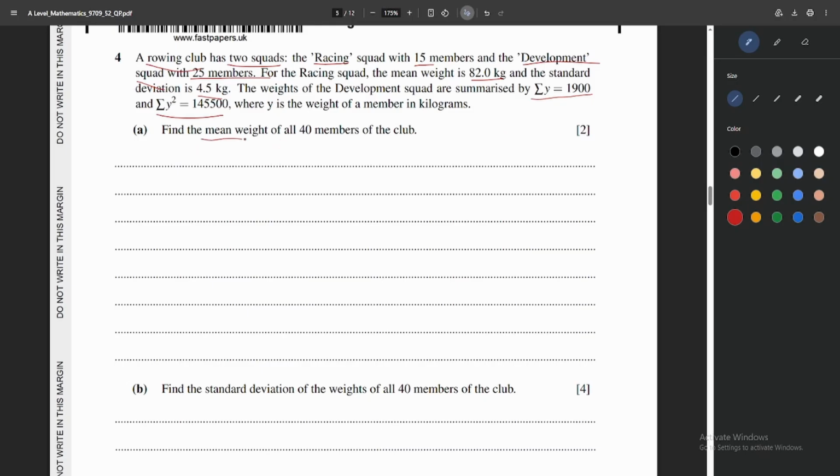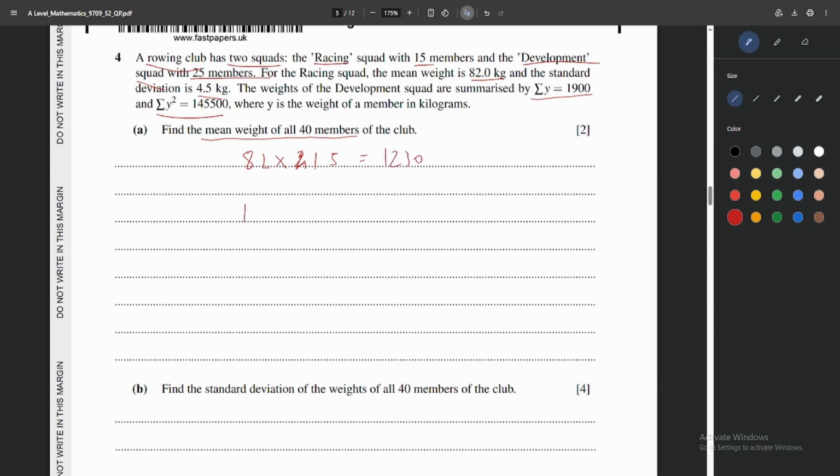Okay, so we need to first find the mean weight of all 40 members. First we need the sum of all the weights. Here we have 1900 for the development squad, which is the sum of all their weights. For the racing squad we have the mean, so we multiply it by the number of members, which is 15, and we get 1230.